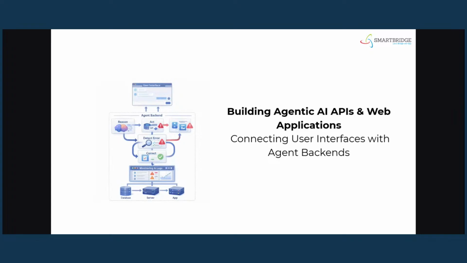An agentic AI system works in a very similar way. It receives input, understands what needs to be done, plans the steps, and interacts with backend systems to complete the task. In this session, we are going to learn how these systems are designed, how agents think and plan internally, and how they connect with backend services.